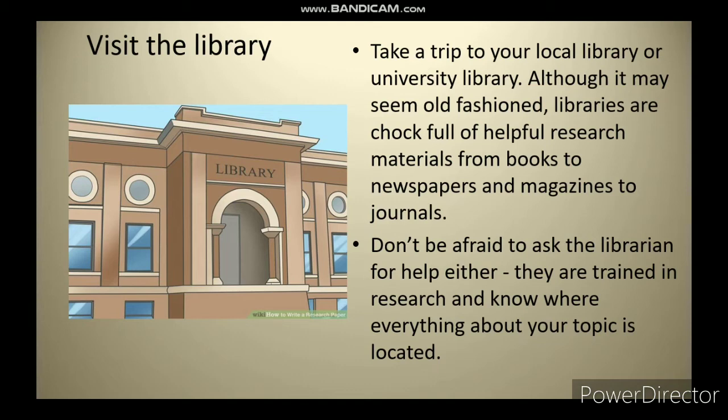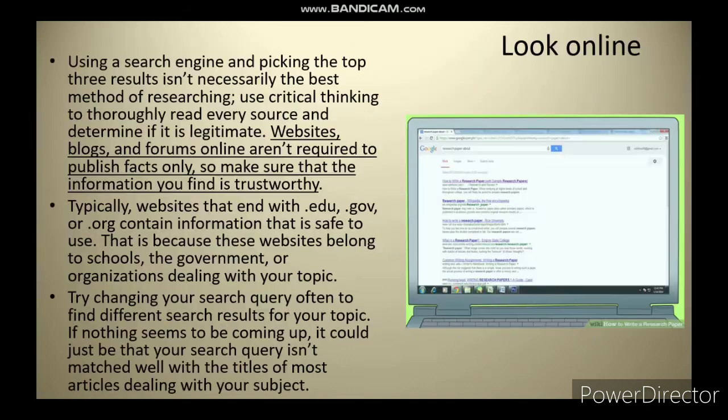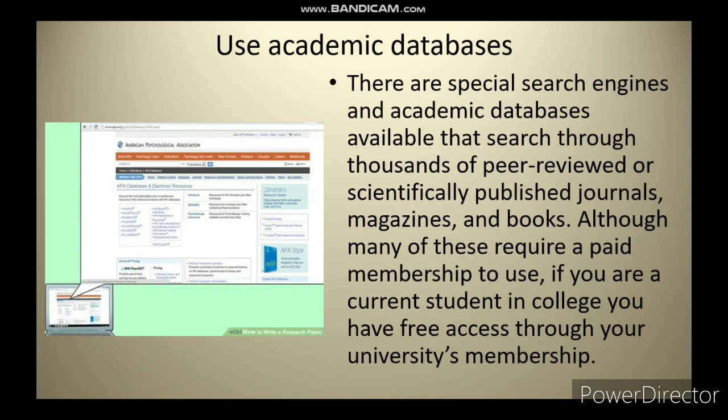Although it may seem old-fashioned, libraries are chock full of helpful information and research materials like newspapers, magazines, journals. You can also enter the online sites of libraries, international libraries, and so on.